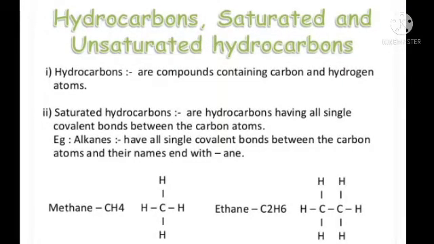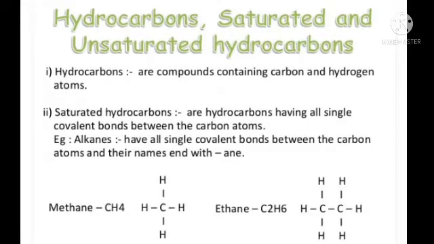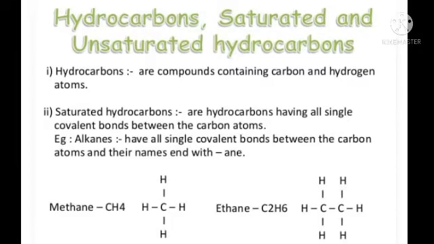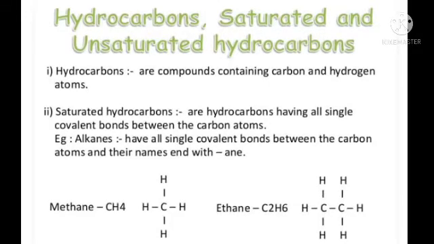Example, alkanes. Alkanes have all single covalent bonds between the carbon atoms and their names end with ANE, that is ane. Example, methane, that is CH4, and ethane, that is C2H6.